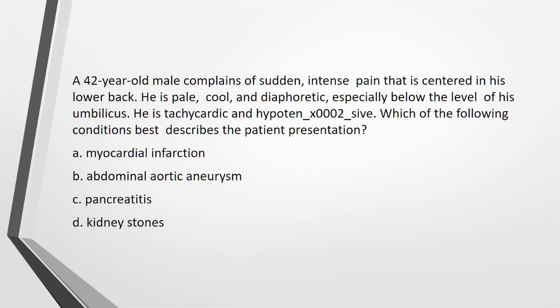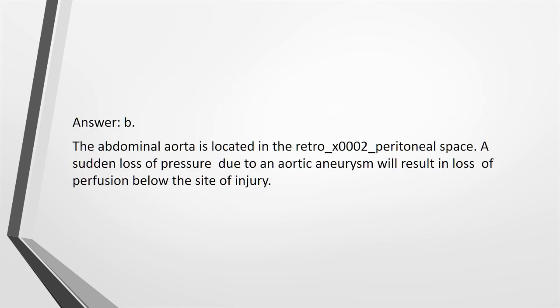A. Myocardial infarction. B. Abdominal aortic aneurysm. C. Pancreatitis. D. Kidney stones. Answer: B. The abdominal aorta is located in the retroperitoneal space. A sudden loss of pressure due to an aortic aneurysm will result in loss of perfusion below the site of injury.